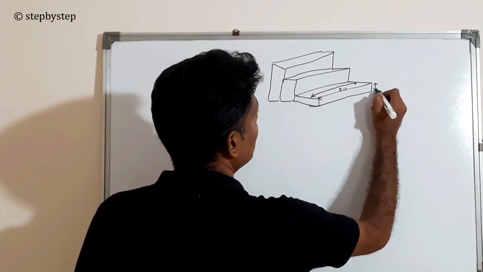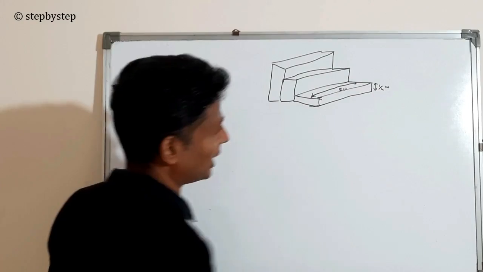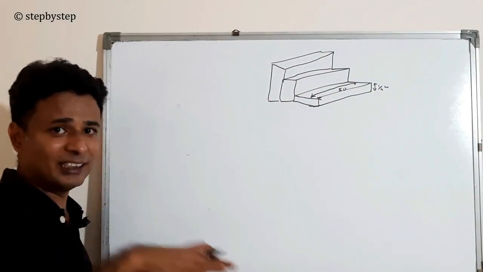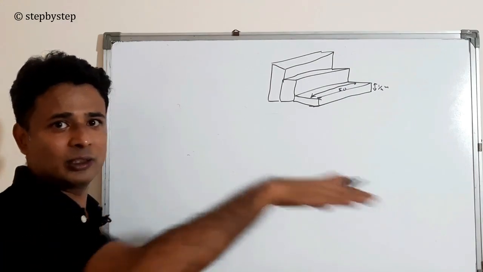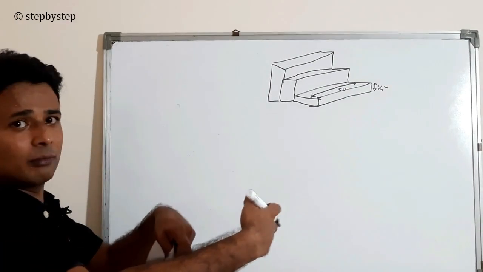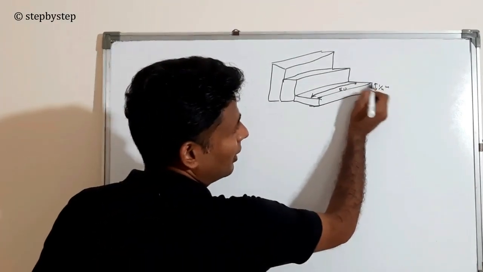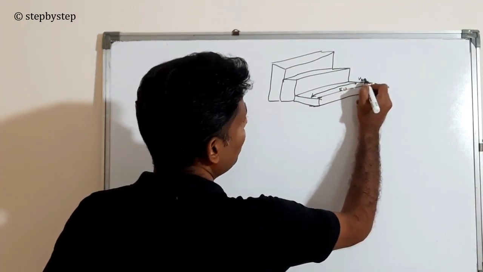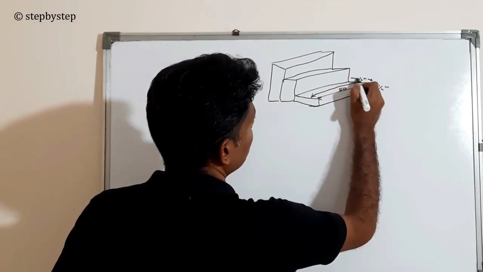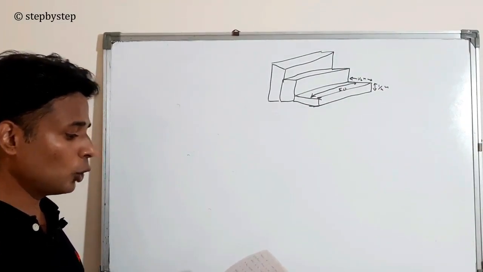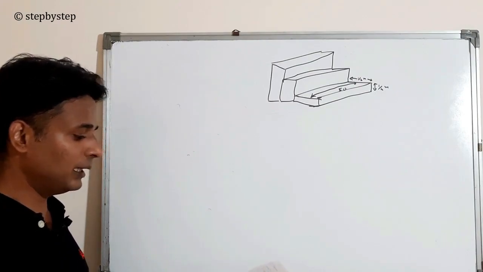So this is 1/4 meter. This is what a rise means. And a tread of half meter. Tread means your footstep. You say you tread, right? So the foot distance is half meter. So they have kept the tread as half meter.